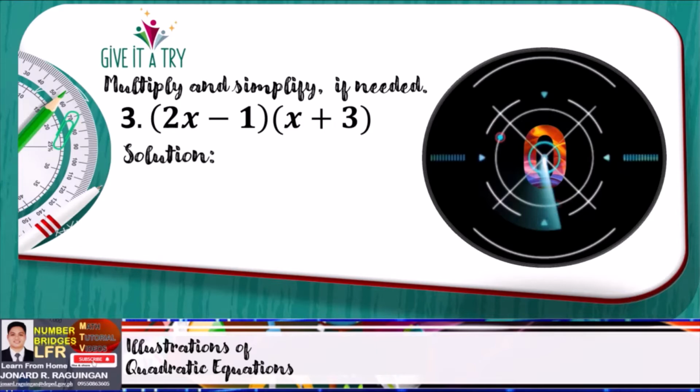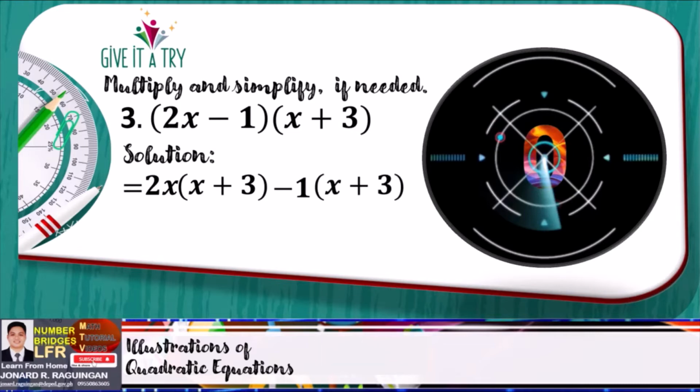First, you copy the first term of the first binomial, that is 2x, and multiply to the second binomial, that is x plus 3. Then, copy the second term of the binomial, which is negative 1, and multiply it to the second binomial, which is x plus 3.